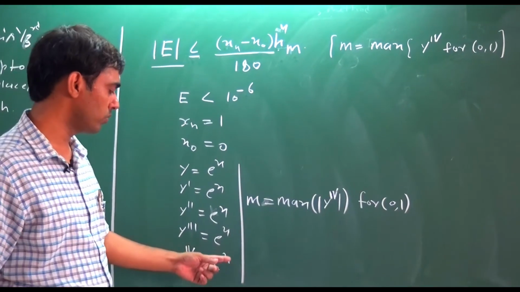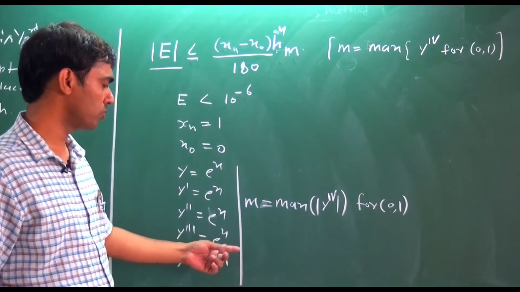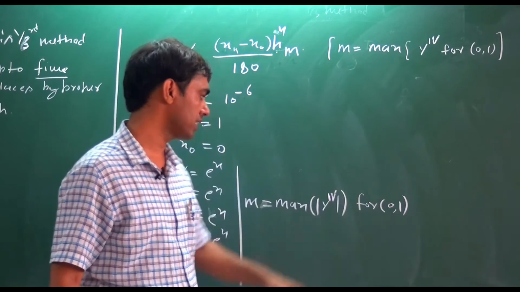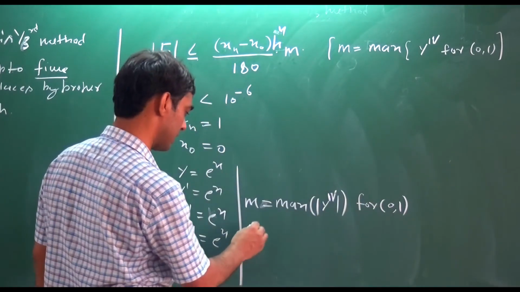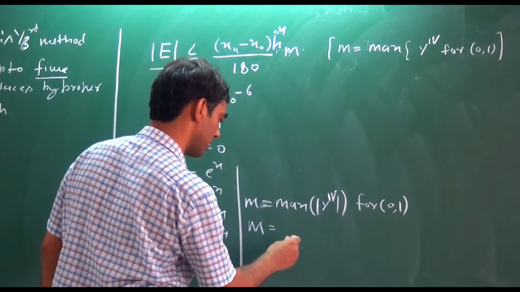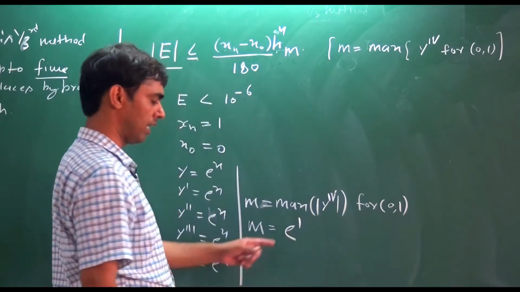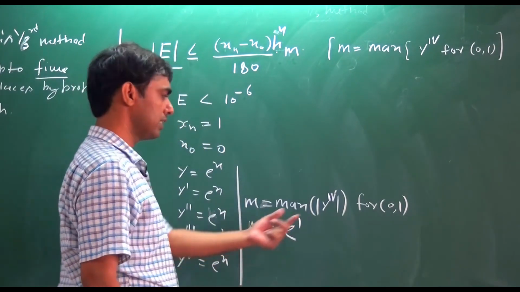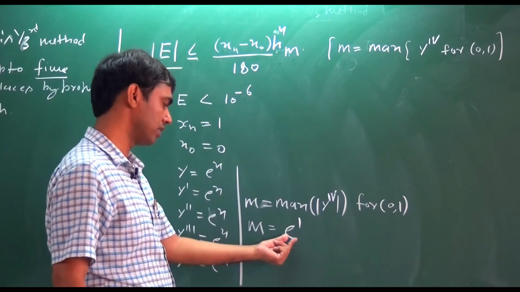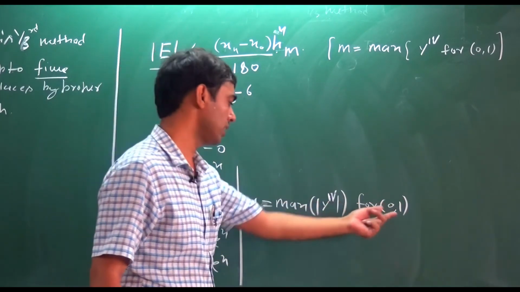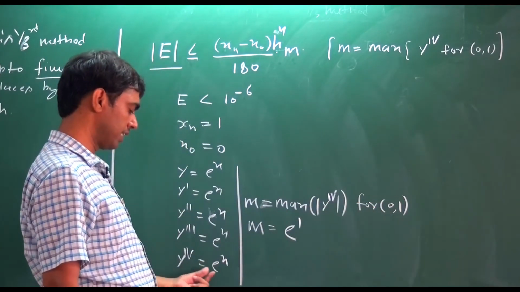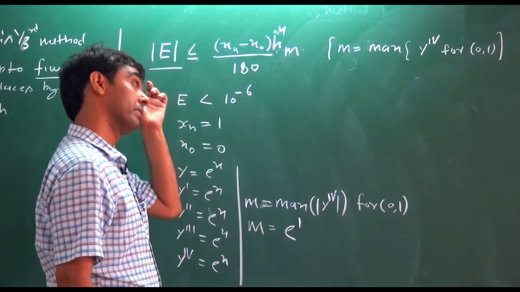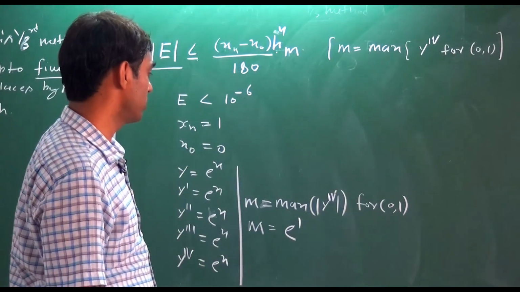E to power 0, e to power 0.1, 0.2, 0.3, and what is the max value? So the max value in this case becomes m equals e to power 1. At this point, in this class interval, at 1, the value of the fourth derivative becomes e. So this one is the value of E.